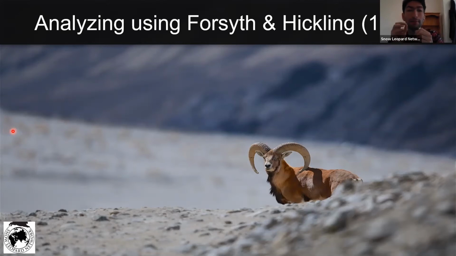So I apologize, it's going to be a bit theoretical for the next few slides, but hopefully this will give you a sense of how the analysis is done, and one can then do it in their own time.